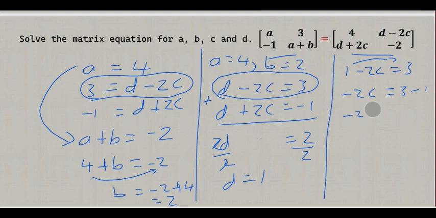So negative 2C is equal to what? 2. So divide by negative 2, divide by negative 2 again. So you get C is equal to negative 1. So that's how to do that. So see you in our next lesson.